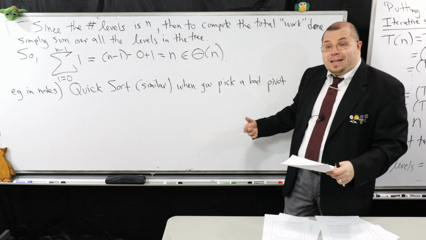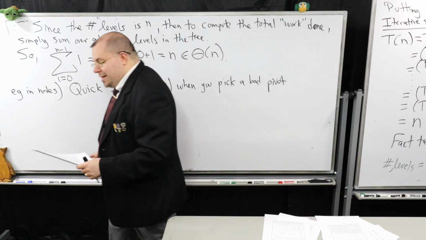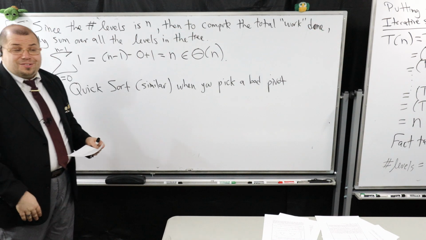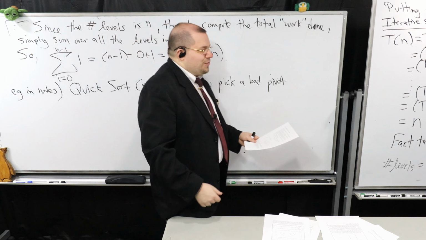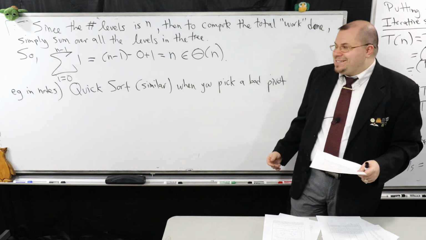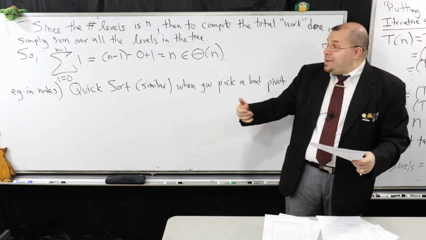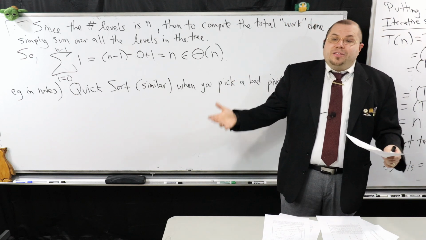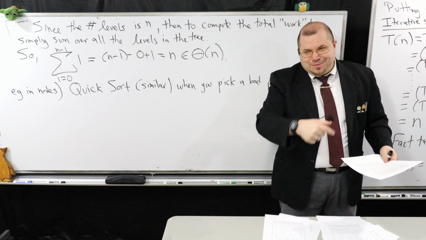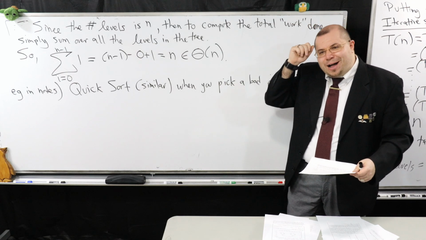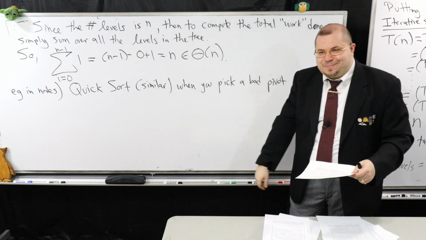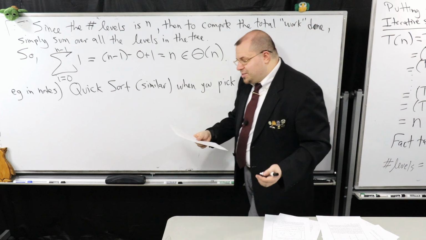There can be many, many leaves. Once you have this, you just sum over all the levels, you end up with a closed form, and then you simplify. It's really intuitive. I like showing you this because it gives you another way of looking at repeated substitution that's very intuitive to the mind of somebody who thinks about recursion. So let's do another example.